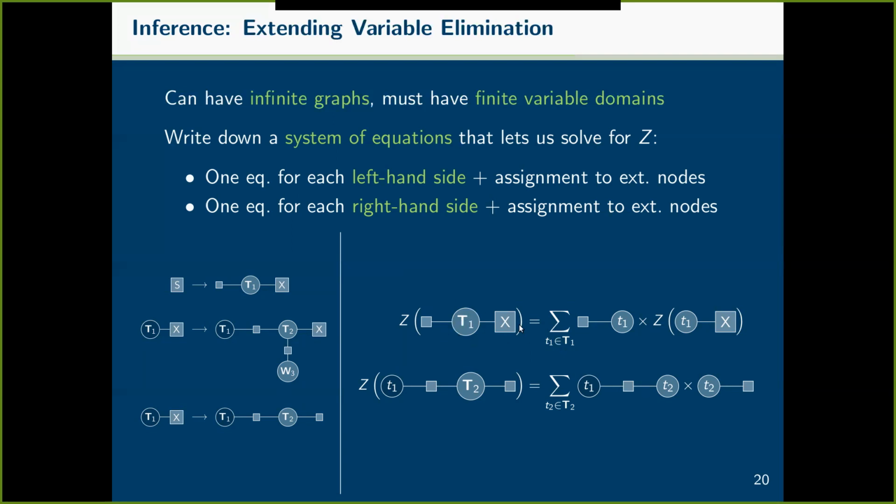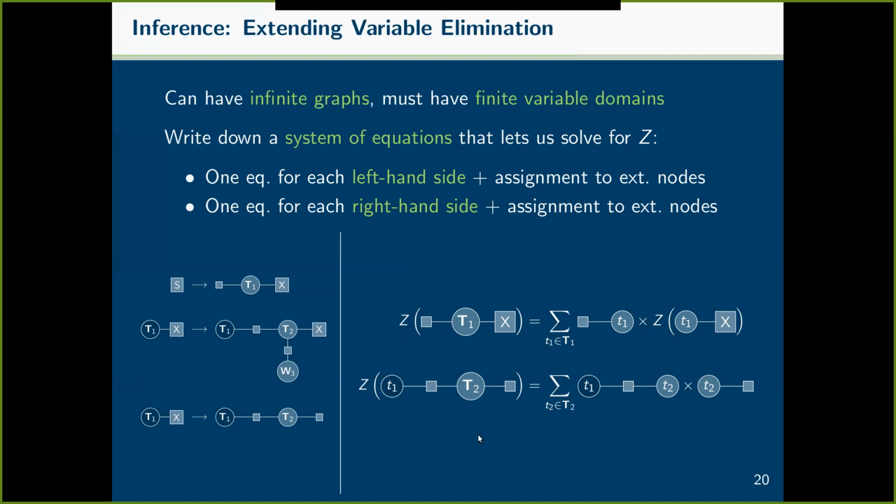And we can factor this out like we do in variable elimination. So we sum over all assignments to T1, and then we multiply in the total weight of all the graphs that can be derived if we assume that the assignment here is T1. And that's basically the same principle throughout.